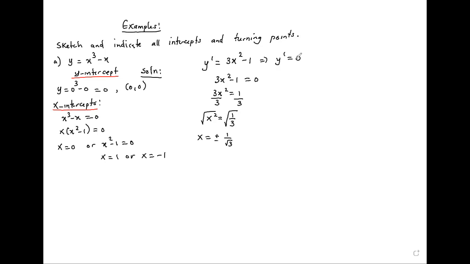Okay, so these are the values of x that are going to give us the y coordinates for us to have the points. So when x is 1 over root 3, you go back to the function y, and so for y when x is 1 over root 3, what is this to the power 3 minus 1 over root 3?